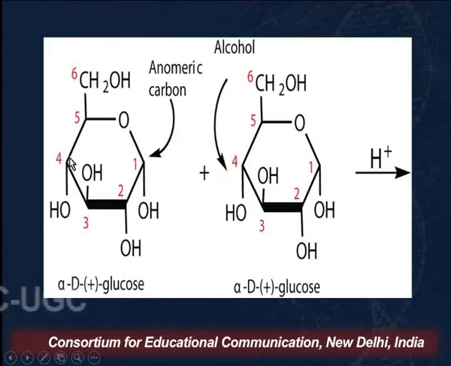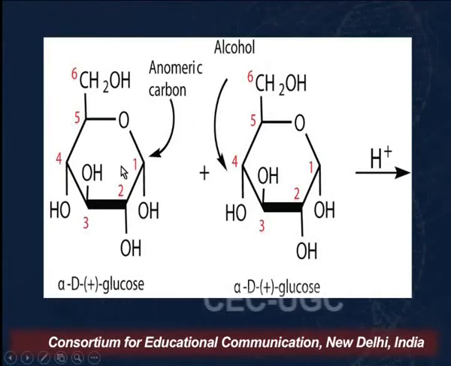So in this case, this first glucose residue will be the glycon part of the disaccharide, and this glucose residue will be the alcohol part, that is, the aglycon part when we carry out the hydrolysis of maltose. So what is happening here is that in acidic medium, the OH on the first carbon, the anomeric carbon of the sugar residue, reacts with the OH on the fourth carbon of the second glucose residue, which is acting here as an aglycon.